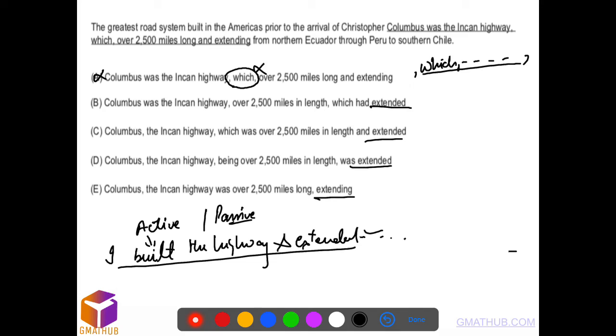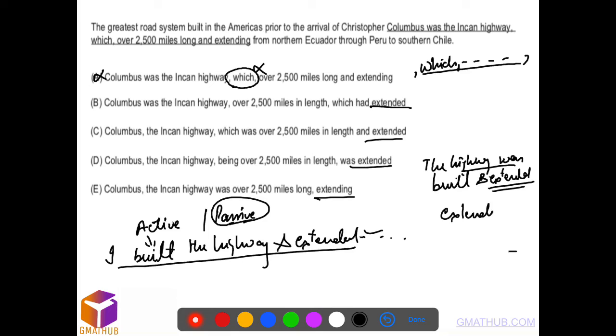If I write something in passive, the highway was built, the way it is written here, the Incan highway was built and extended, this gives a meaning that the highway is extending something. The highway is not extending, it was extended. Or the highway was built for so and so, extending from so and so to that point.